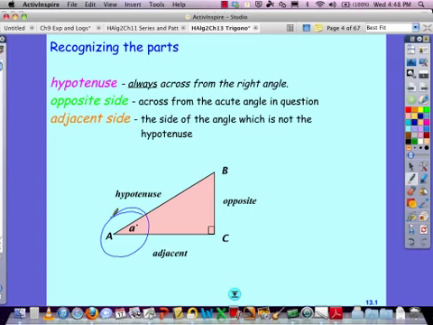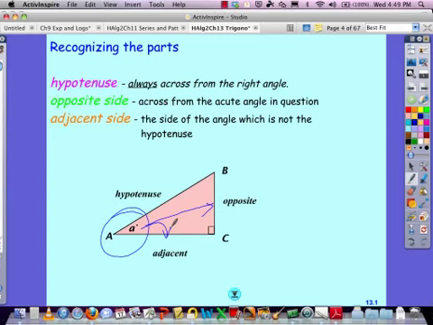So if angle A is in question, across from that acute angle has to be the opposite side. So it's opposite edge from that angle. That leaves just one side, and it's the adjacent. A lot of people like to think next to and touching. So next to that angle, but not the hypotenuse, is the adjacent side, and it's touching or comes out of that angle A.